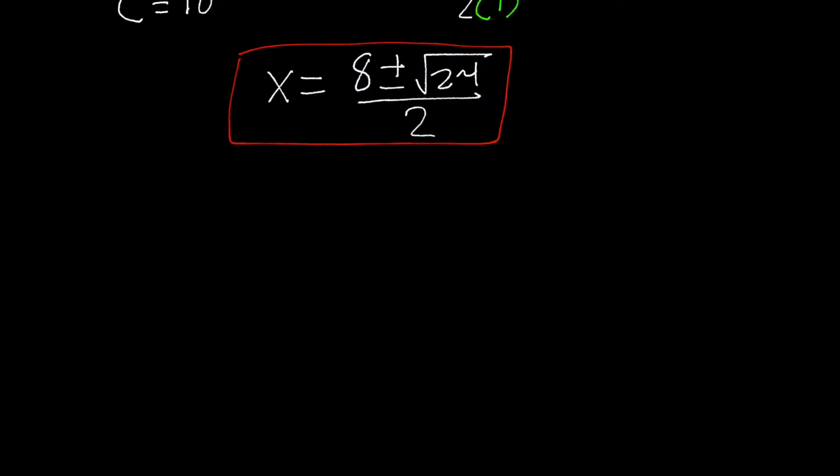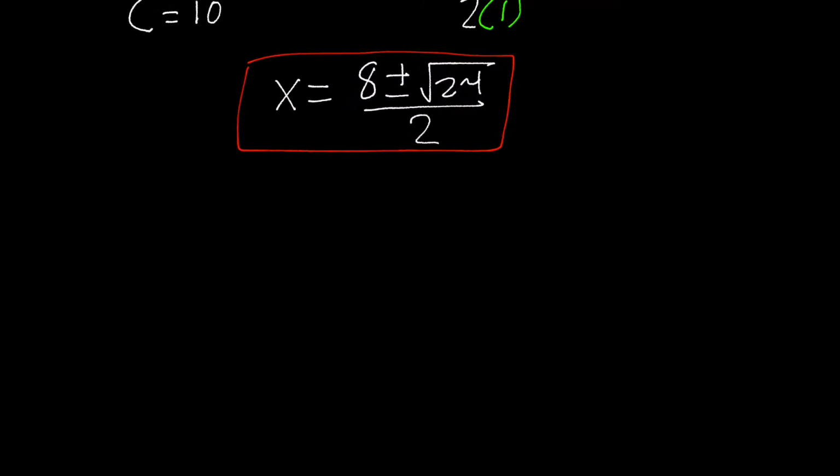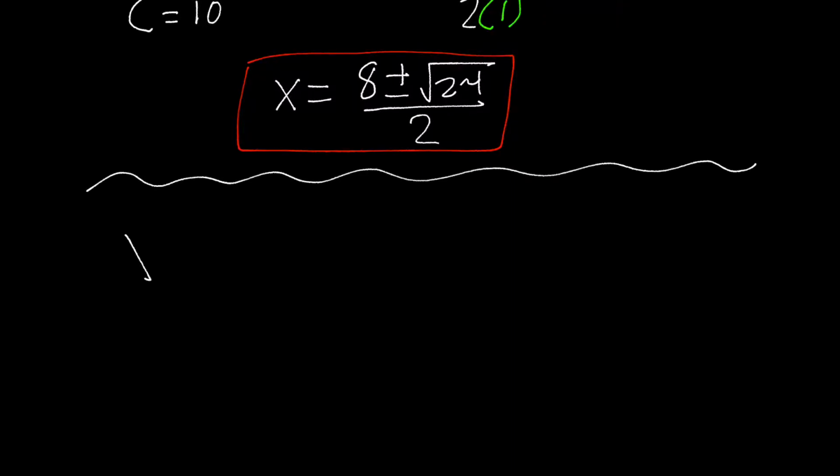We're going to pretend in this problem that we ended up with x equals 8 plus or minus the square root of 25 over 2.